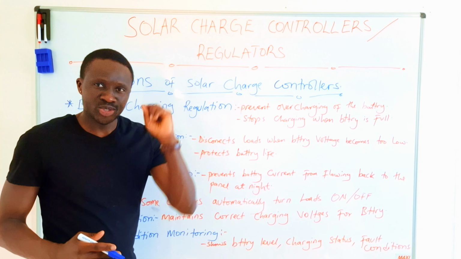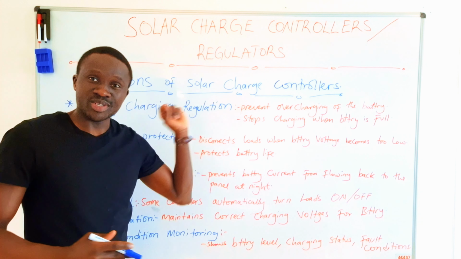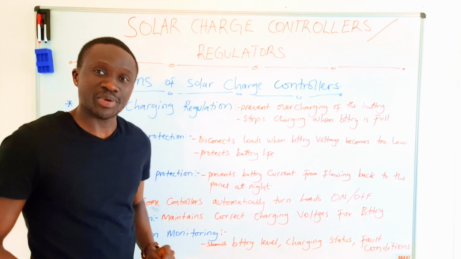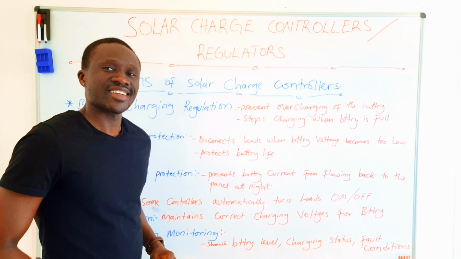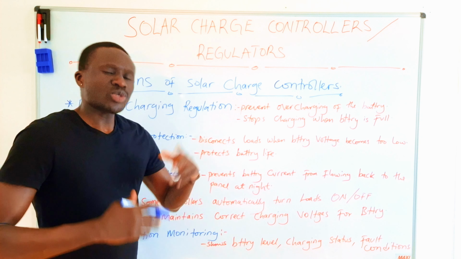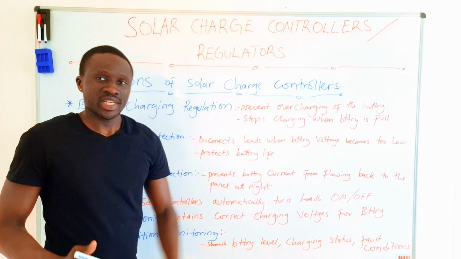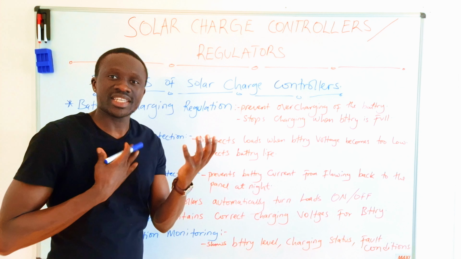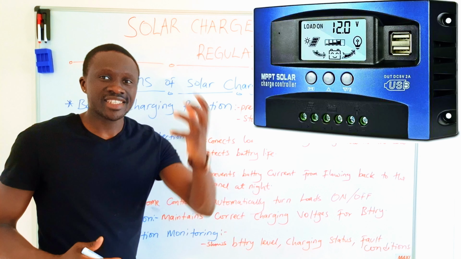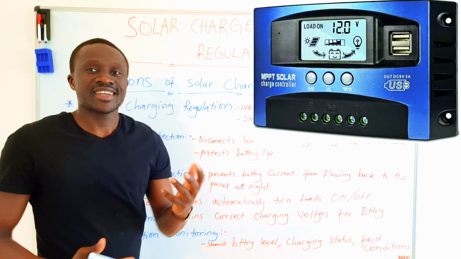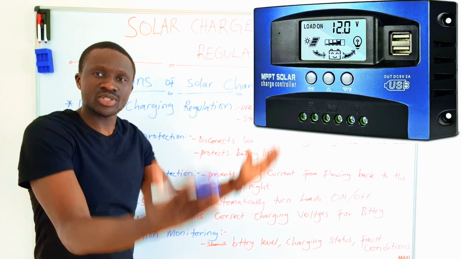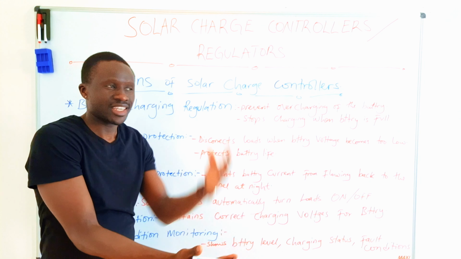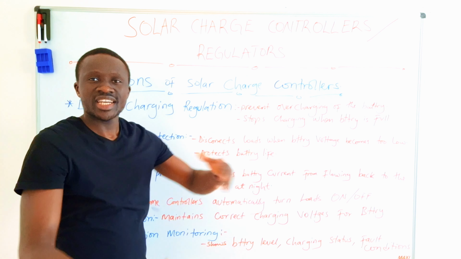Before you install any solar system, this is the first thing you need to ask as a customer: have you bought a charge controller? Don't look only at the solar panels and the battery. Look at the charge controller, because without a heart, our bodies can't work. We said a charge controller is the heart of the whole solar system: the panel, the battery, the loads.